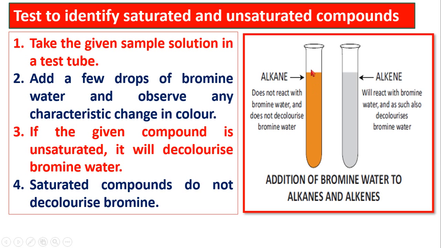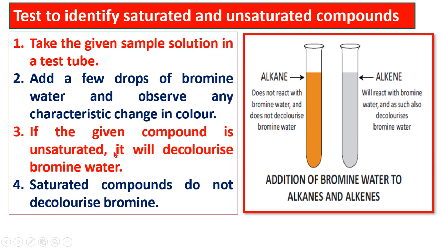If the given compound is unsaturated, it will react with bromine water and decolorize it, because it is an unsaturated compound. Now here, alkane does not react with bromine water and does not decolorize it, because it contains a single bond.